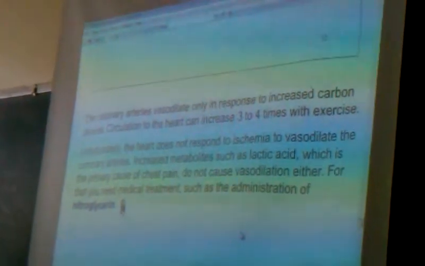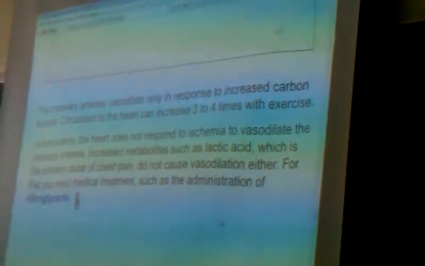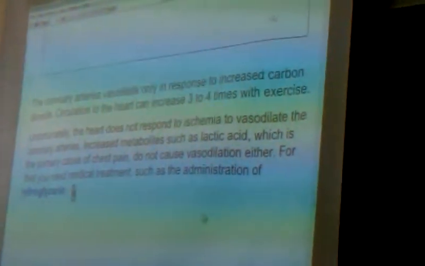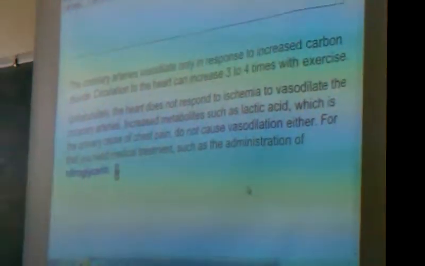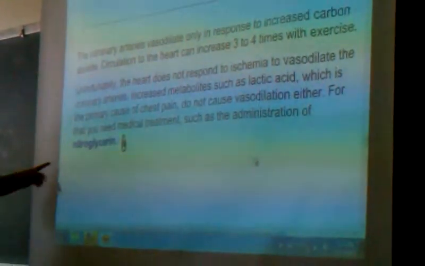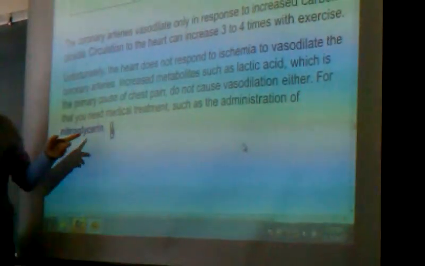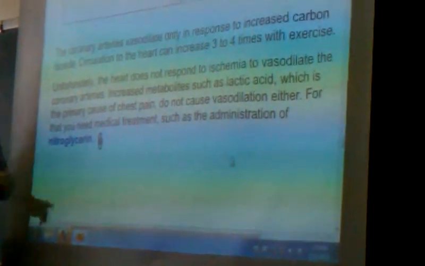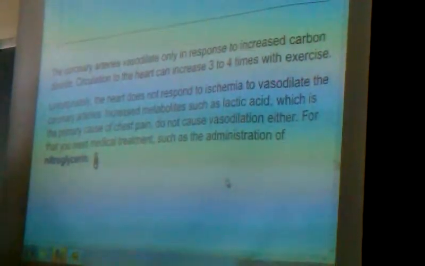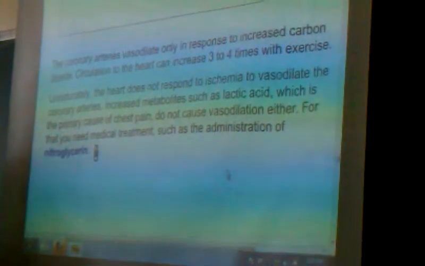But sometimes it can't. If somebody has ischemia, reduced oxygen supply to the cardiac tissue, one of the things that can be done for them is to give them a particular medication, nitroglycerin. You may have heard of this. Nitroglycerin is a dilator of blood vessels. It causes vasodilation.